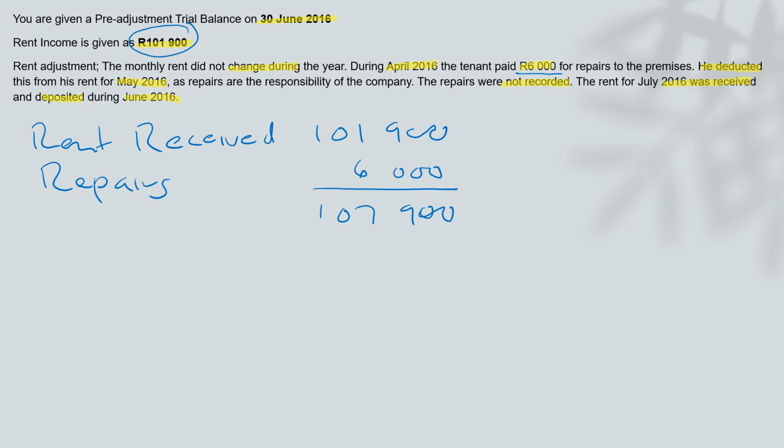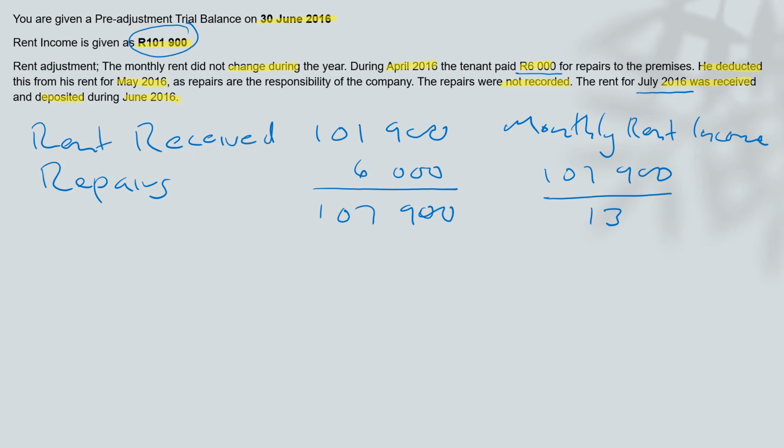What was the monthly rental? The monthly rental will be 107,900 divided by 13. The reason why I divide by 13 is that the July rent was received already in June.